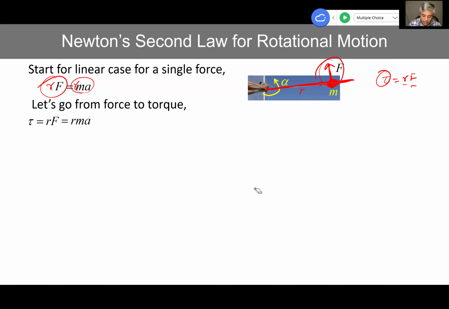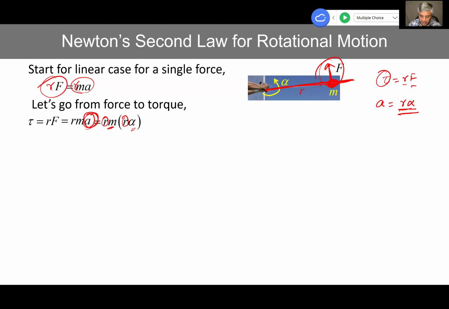Okay. So now this is linear, but we want angular. And linear and angular are related by this R times alpha. So that means I want to replace this A by R times alpha. And that's what I'm doing next. So now what you have is R, and there is M and alpha.